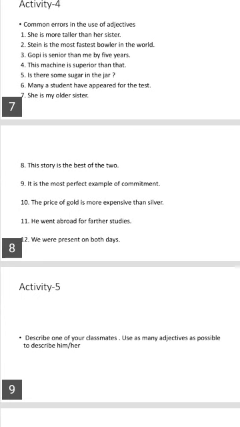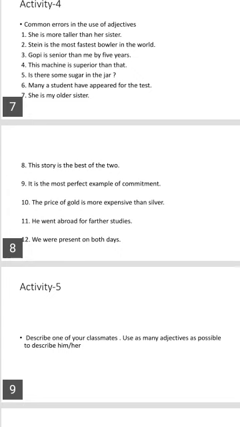Many a student has appeared for the test. Has, not have, because many a takes a singular verb.